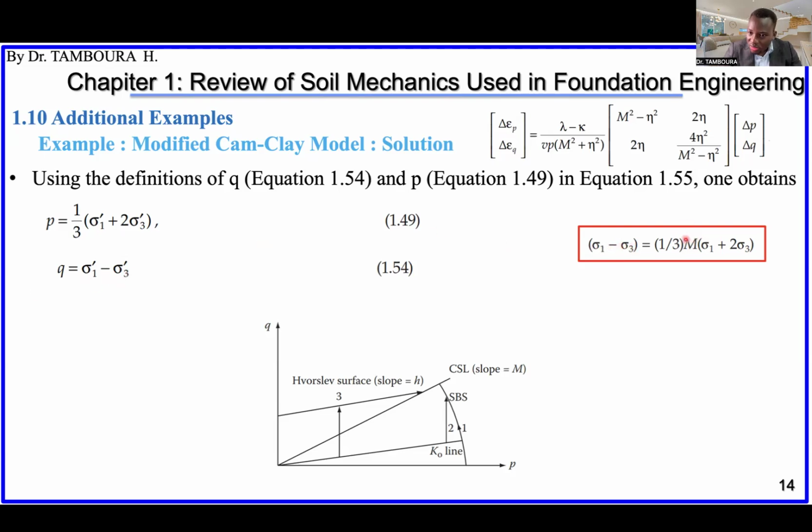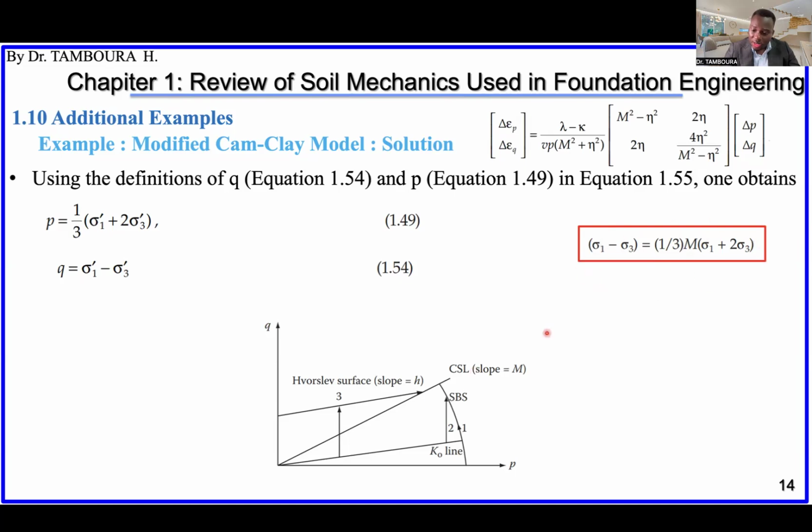So you can see that M is just the slope of this critical line, which means just Q divided by P, and you can obtain the slope. This is just the normal slope in mathematics. So I hope you understand this equation.